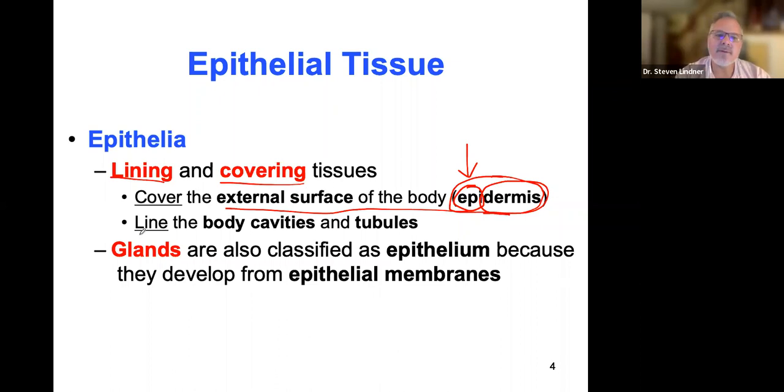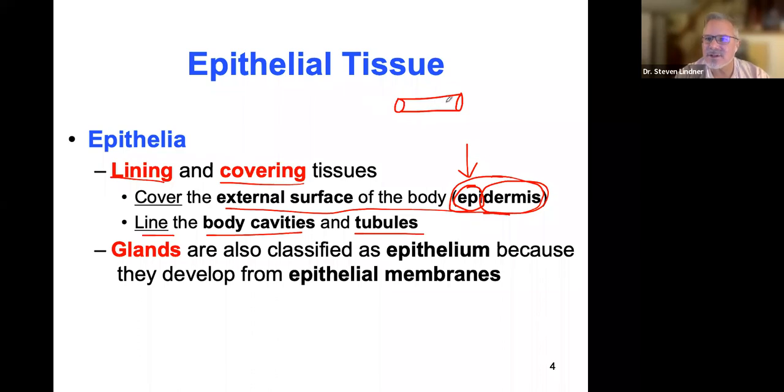And then we also have epithelium that lines body cavities and tubules within the body. A tubule is, as it sounds, anything that has or looks like a tube or a tract, whether this is the trachea, whether this is the esophagus, whether this is the small intestine, large intestine, arteries, veins.